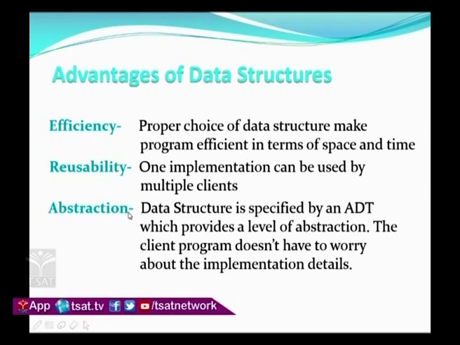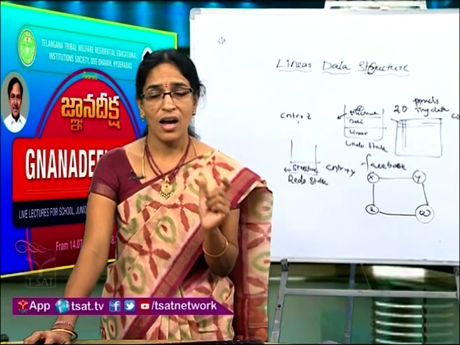And coming to the abstraction concept, a data structure is specified by an ADT, that is an abstract data type, which provides a level of abstraction. Implementation details are not provided to the user; the operations given inside are used by the client, but the client doesn't know how they are implemented. That is, how to use.